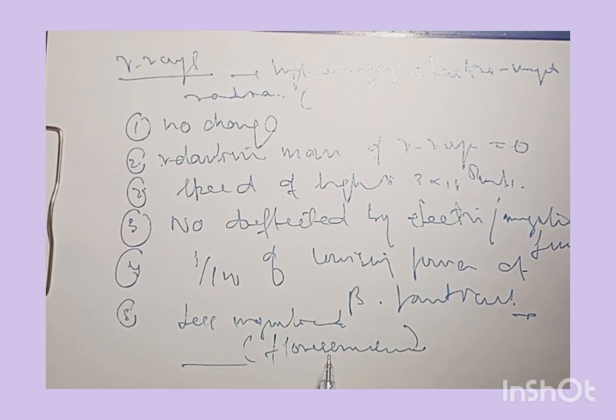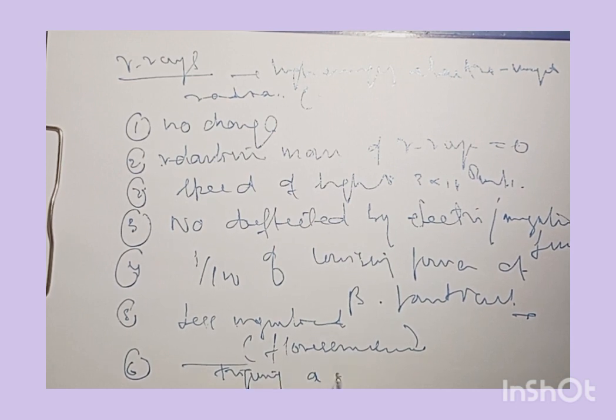So these are some of the basic properties of these particles that come out of unstable nuclides. The additional thing these gamma rays can do is trigger a nuclear reaction.